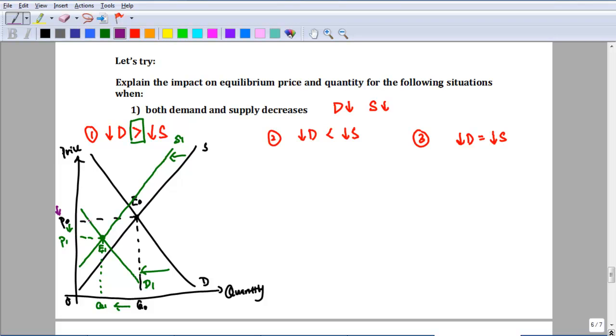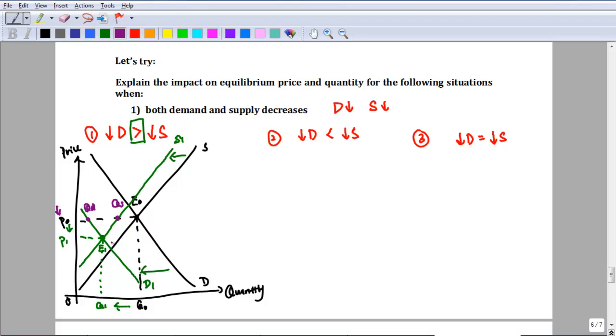So this will be quantity demanded, which is this amount, and I'm not going to draw the line down, otherwise it's going to be very confusing. Quantity supplied will be a point on the supply curve at the price of P0, which is here. Again, it's this amount, because your horizontal axis represents the quantity.